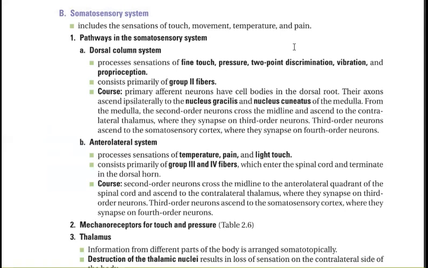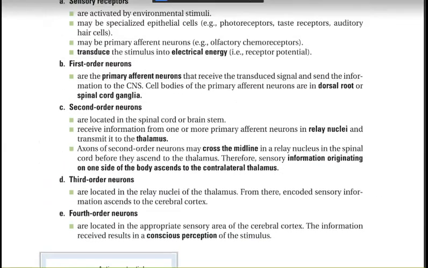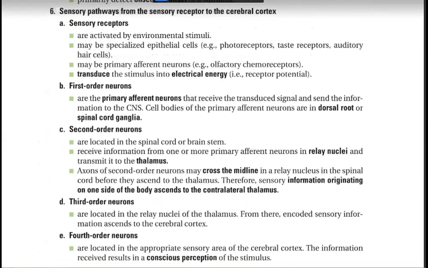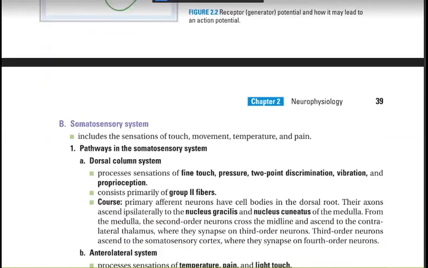If you remember, we have done the first order neurons, second order neurons, third and fourth order neurons, and I explained the pathway via the dorsal column tract.